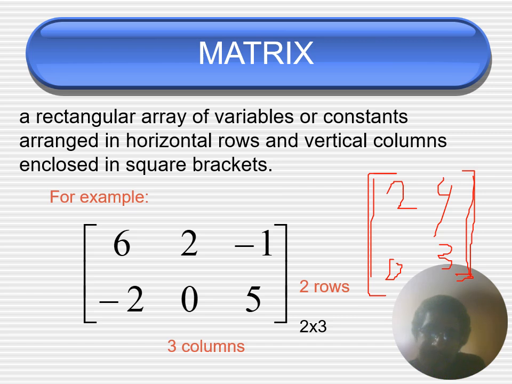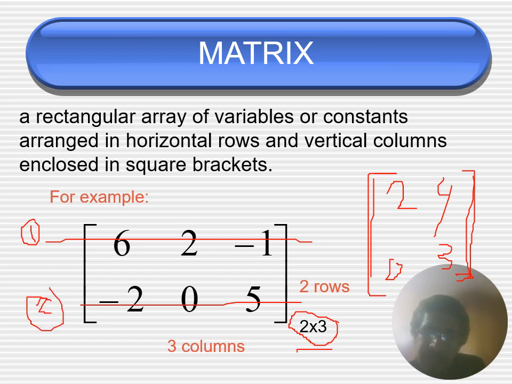And the matrix has something we call dimensions or order. As you can see here, 2 multiplied by 3. The 2 is the number of rows. How many rows here? This is the first row, and this is the second row. So we have 2 rows, so the dimension here is 2 by 3.